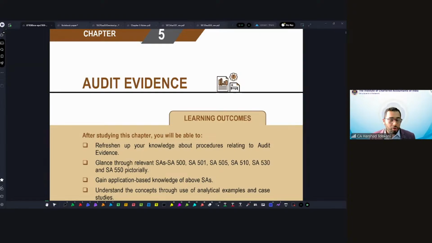What objective should he achieve, and why is he sending the external confirmation? That the balances represent a true and fair position, and that the reporting will also be correct. Will represent a true and fair view. Okay.